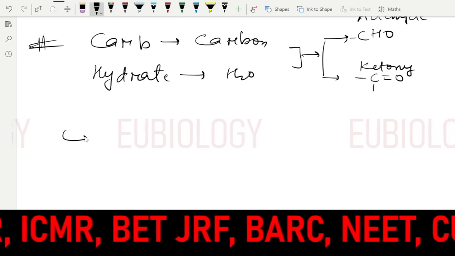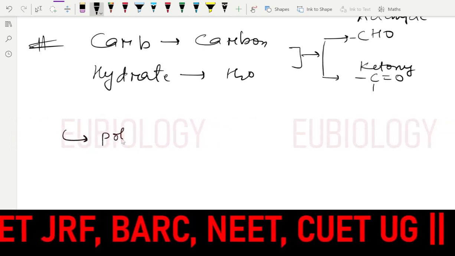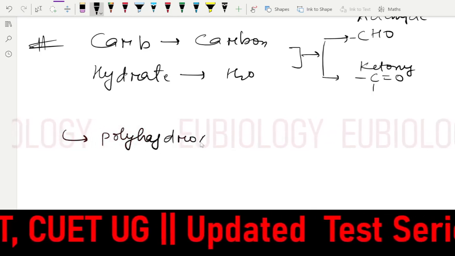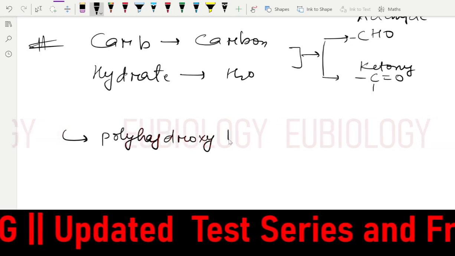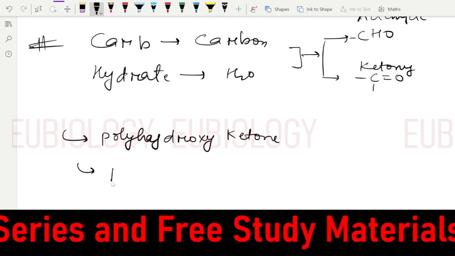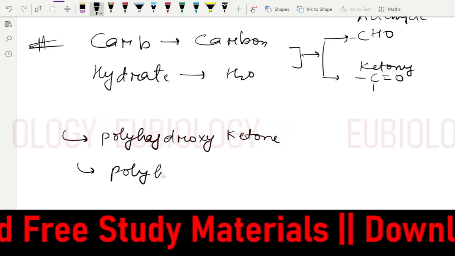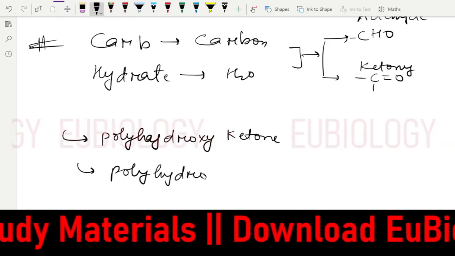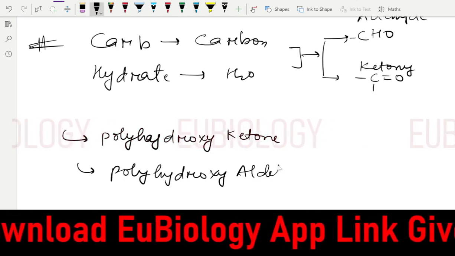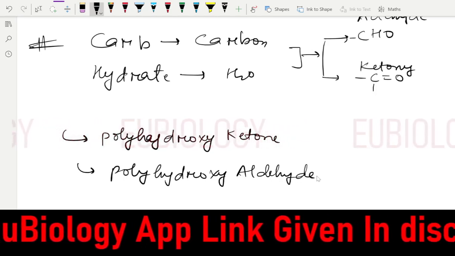So you can name it either a polyhydroxy ketone or polyhydroxyaldehyde. Simple meaning only.